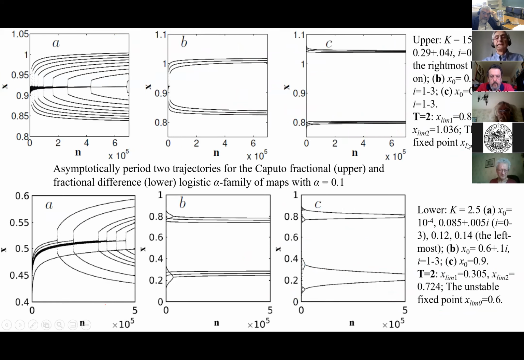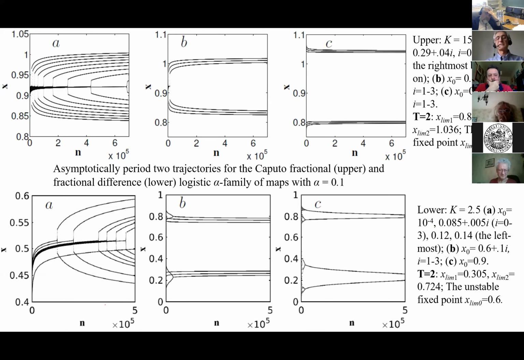Again, there are no periodic solutions for fractional maps, but there are asymptotically periodic solutions. And here on two graphs, we consider fractional maps on the top, and fractional difference maps on the bottom, in a particular form of the map with G, which defines the logistic map.